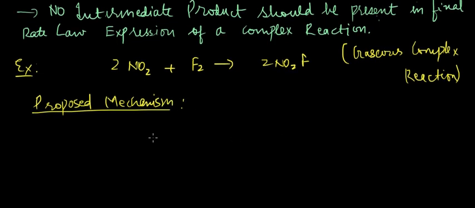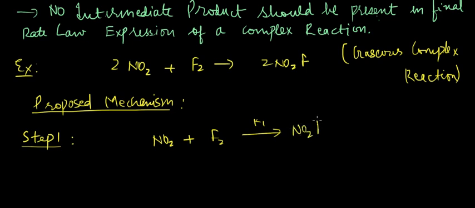In step 1, NO2 reacts with F2 to form NO2F plus F. This is the RDS step, as this is a slow step.